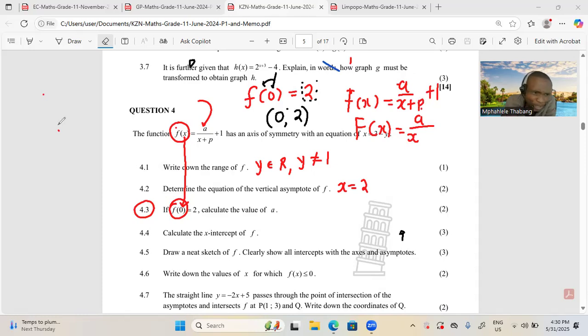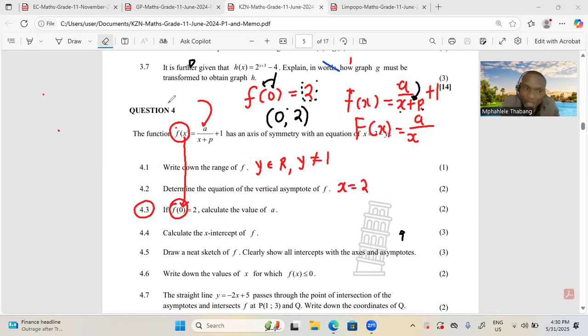What is this p? Now watch out. I want you guys to listen carefully. Whenever you have a positive sign between x and p, just know that p is the x asymptote but with a different sign. So the magnitude of p is the same as the x asymptote, but p will have a different sign.